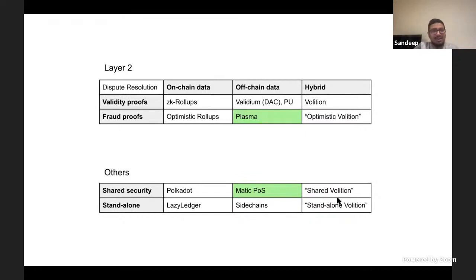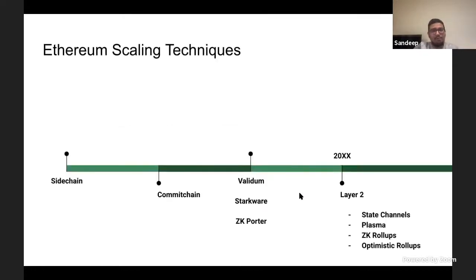And then finally, I want to show this spectrum. Whenever you are thinking about Ethereum scaling techniques, think of them as a larger spectrum, wherein on the complete left side, you have a lot of sidechains which are contributing back to Ethereum.